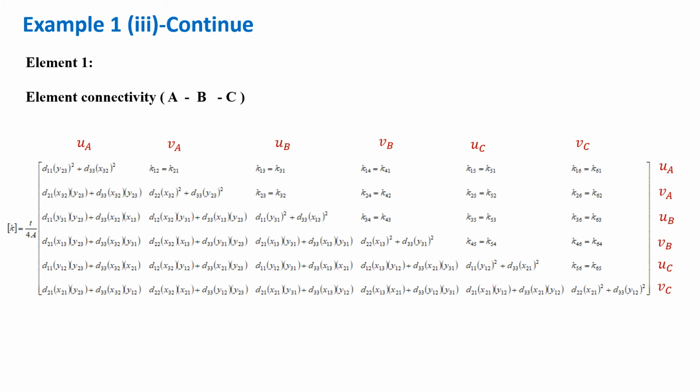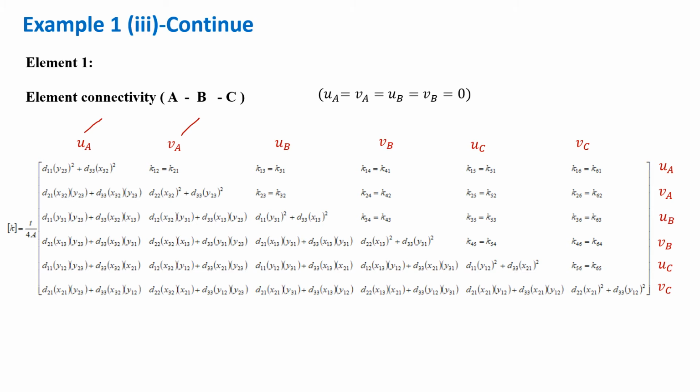And please remember, always start with displacement in X direction, followed by the displacement in Y direction. Next, as we already determined the boundary condition in the previous video, therefore for element 1, we know that UA, VA, UB, VB are equal to 0.